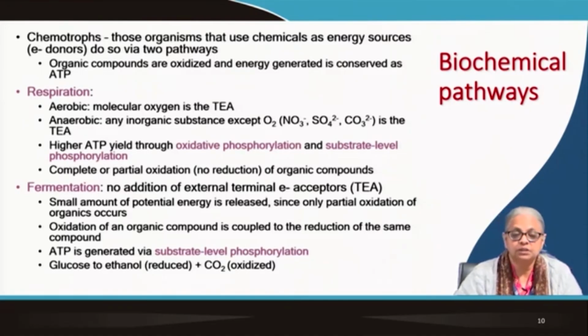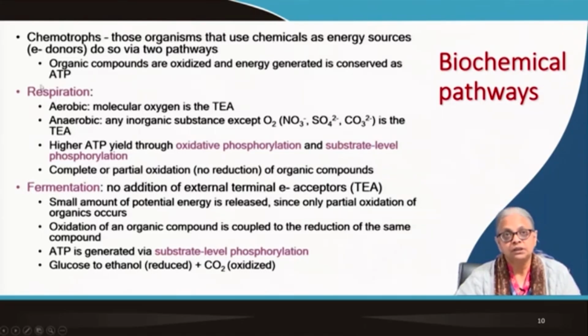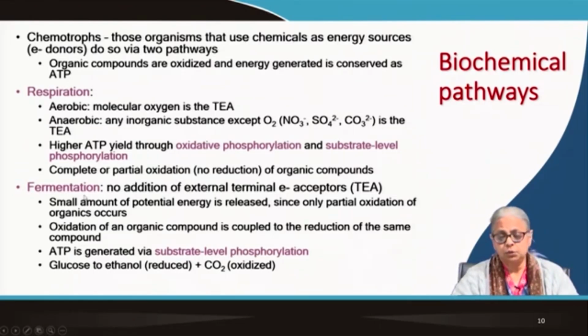Now, they can use it in two pathways. You have respiration or fermentation. Within respiration, you have two pathways, aerobic or anaerobic. Now, organic compounds are oxidized and energy is generated and conserved in the form of ATP. We all know that.